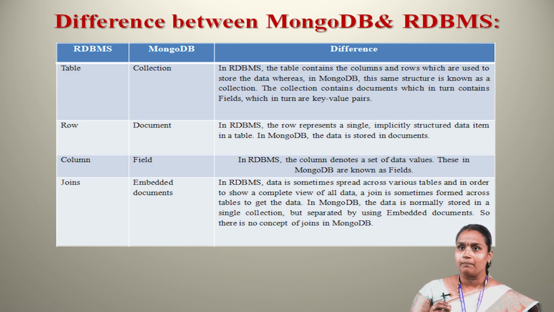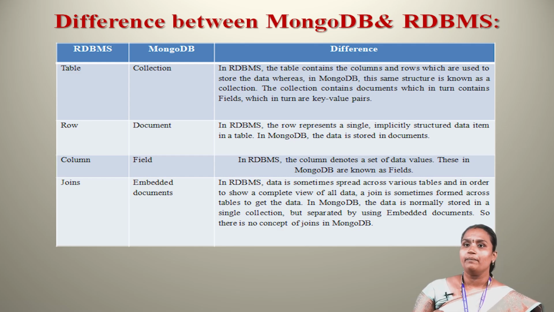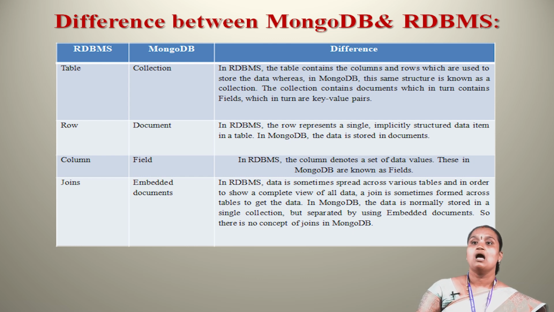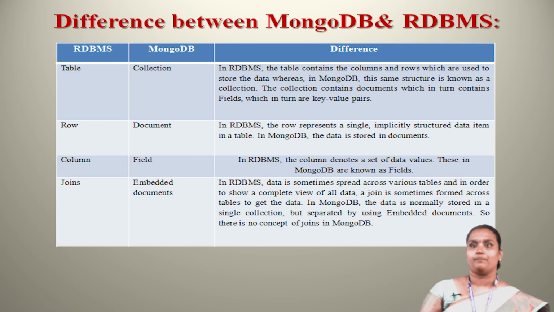The data is sometimes spread across various tables, and in order to show a complete view of all data, a join is sometimes performed across tables to get data. In MongoDB, the data is normally stored in a single collection but separated by using embedded documents. So, there is no concept of joins in MongoDB.